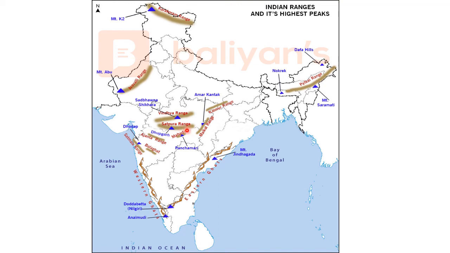This region is also known as the Deccan Trap, because here you will find the Western Ghats, here the Eastern Ghats, and here the mountain ranges, Mahadev range, Maikal range, Satpura range, and the volcanic eruptions. So these eruptions are trapped here. That's why the soil here is black, and it is also known as the Deccan Trap.